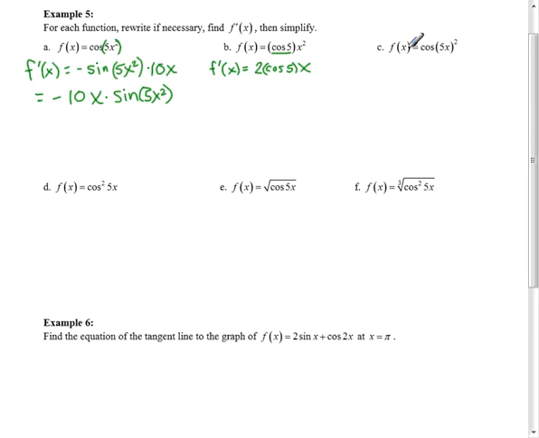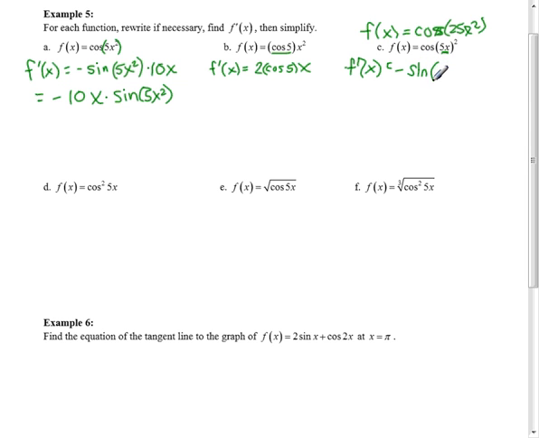On to the next one here. Now this whole part is squared, so maybe it would be helpful to rewrite it first. Instead of cosine 5x squared, we'll be talking about the cosine of 25x squared. So let's take the derivative of this. F prime of x is the derivative of cosine, which is negative sine.